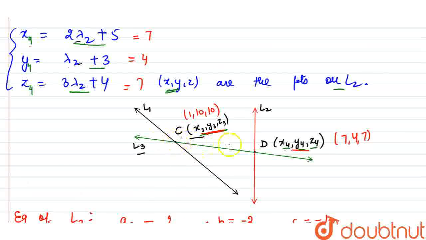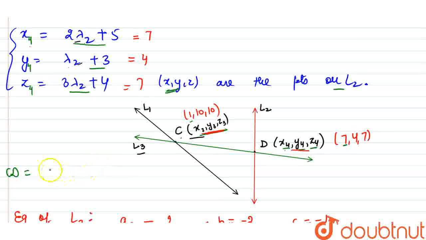Now we have to find the length of CD. So by using distance formula, the length of CD will be under root of 7 minus 1 square.